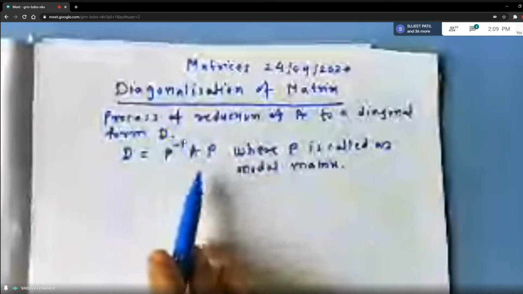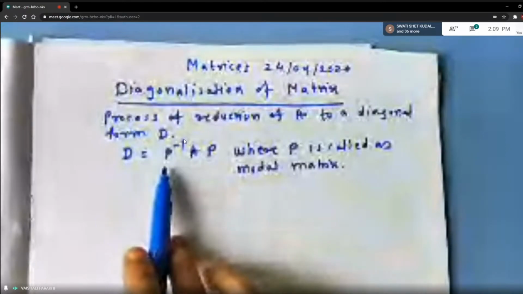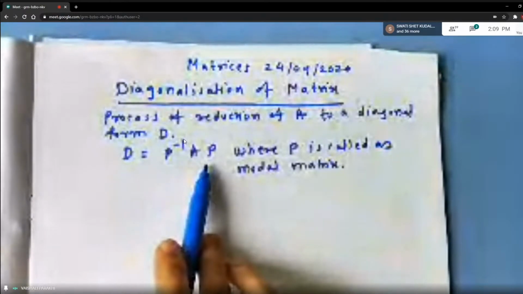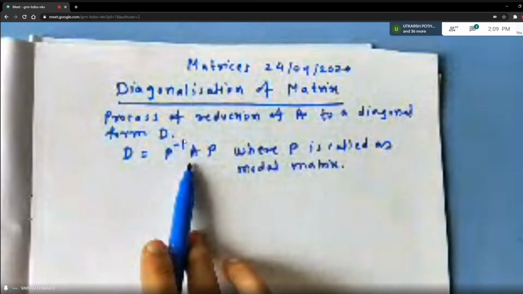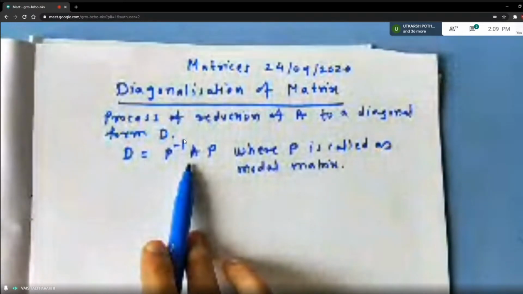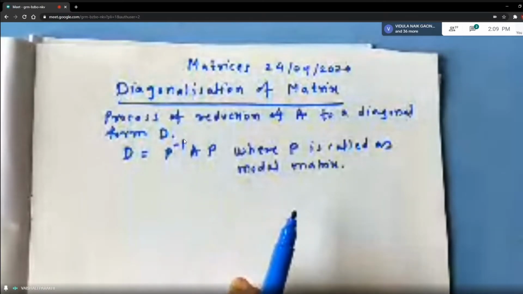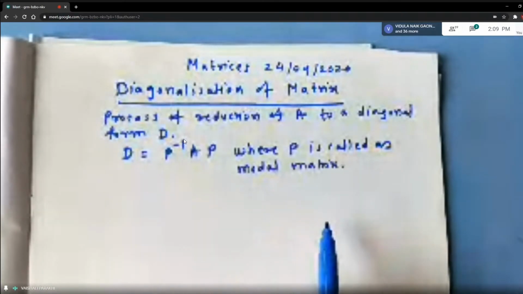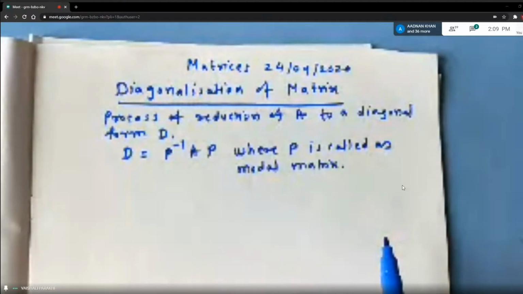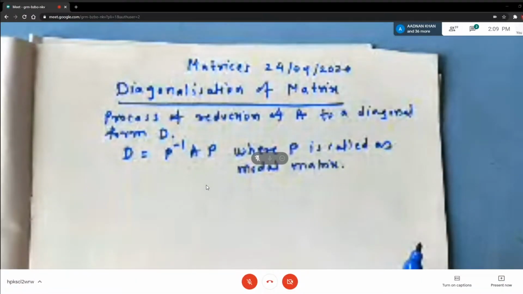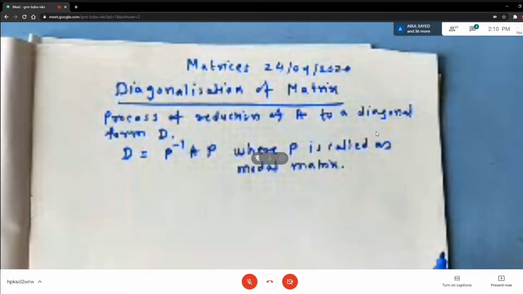See the placing of the matrices, students. P inverse is at the first place and P is at the last place, and the middle matrix is A. Because it is not like real numbers, where 3 into 2 is the same as 2 into 3. In case of matrices, A into B need not be B into A, correct? So placing of matrices is very important.